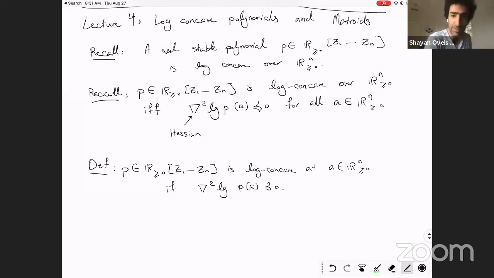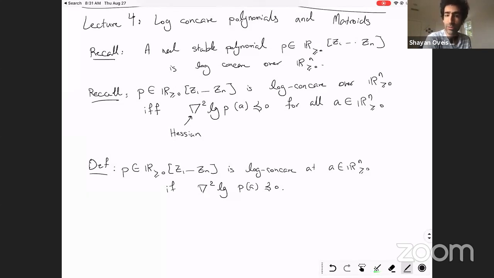So let me just remind you a few facts we have said before. I didn't prove it formally, but it's in the notes that if you have a real stable polynomial with non-negative coefficients, it's log concave over the non-negative orthant. Non-negative coefficients show up a lot in this lecture because whenever you want to talk about log concave polynomials, I want the polynomial to be non-negative over the whole orthant.